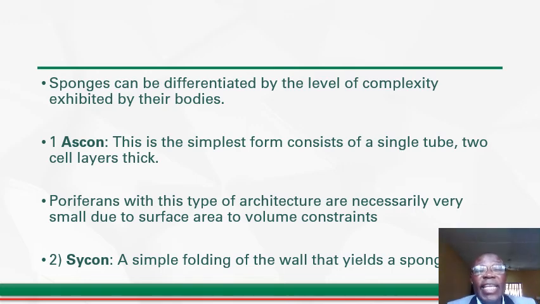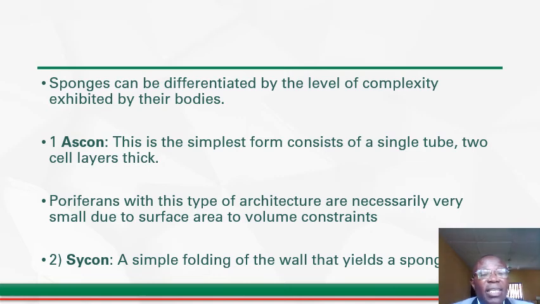We can differentiate these sponges on the basis of the complexity that they exhibit in their bodies. On that basis, we have the following. One, ascon. The ascon is the simplest form that consists of a single tube, two cell layers thick in nature.